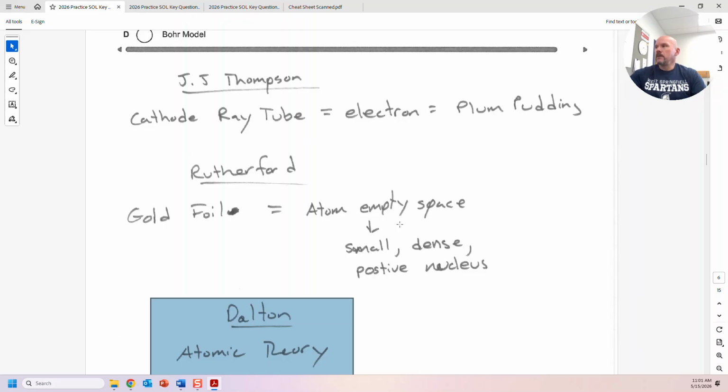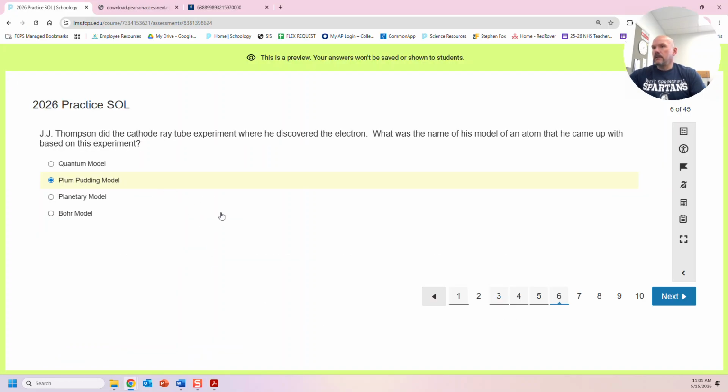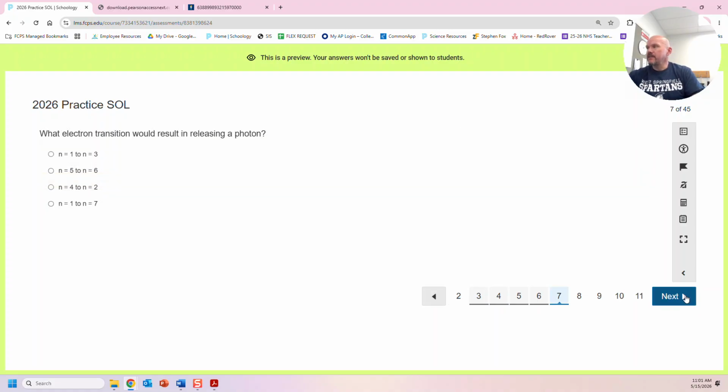Rutherford: gold foil, atoms mostly empty space, the nucleus is small, dense, and positively charged. That's what we are thinking when it comes to our history and scientists. So we move to the next one, try to get to number 10 for this video, and then we'll move on to more questions in the next video, all right?